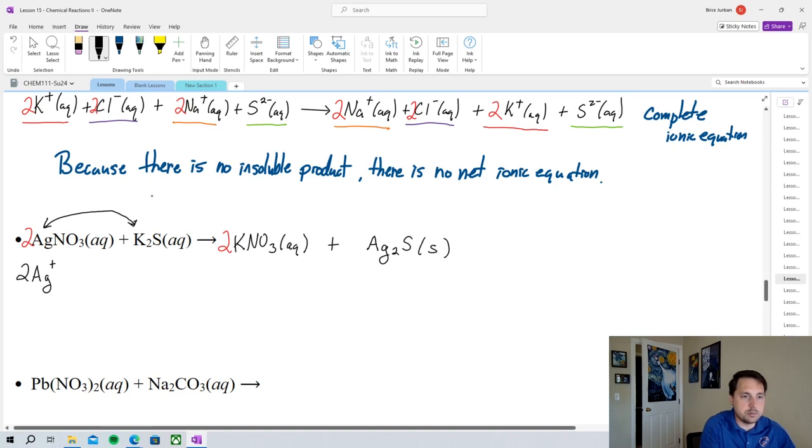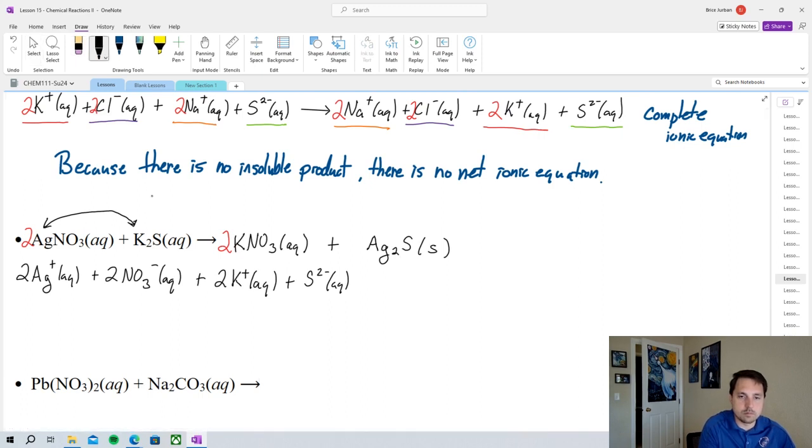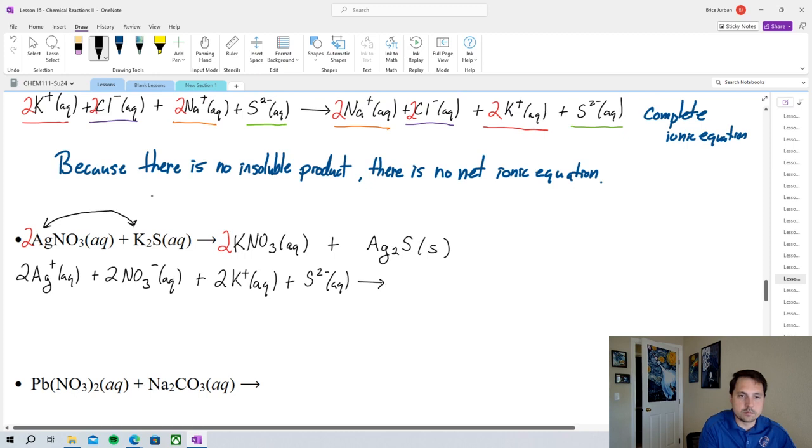So 2Ag plus and 2 nitrates. Okay, making our way there.